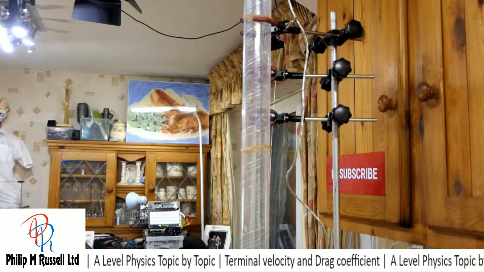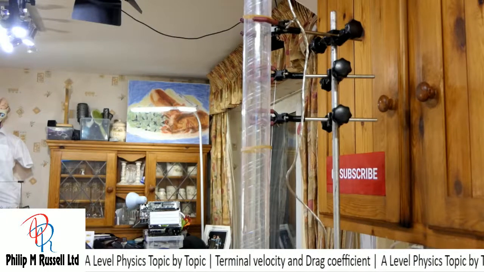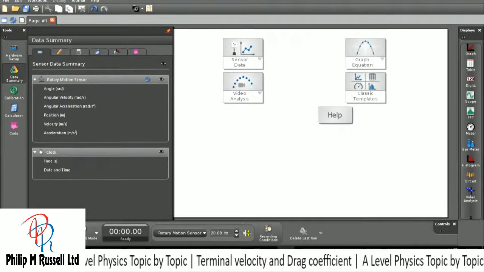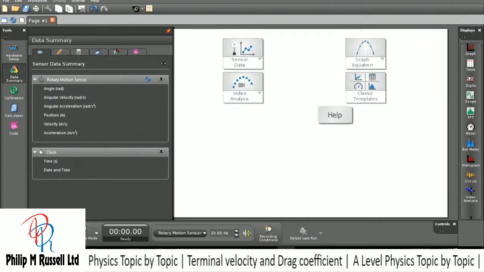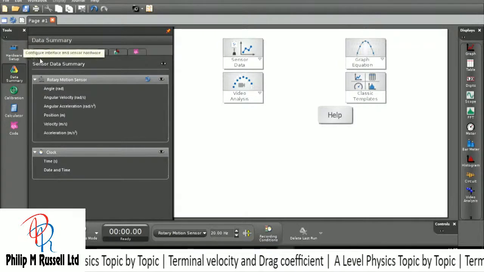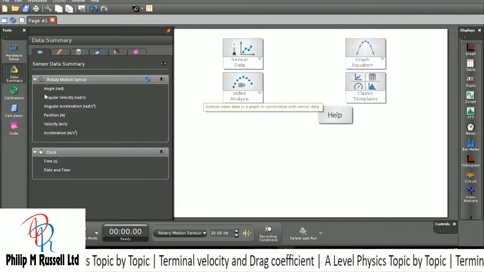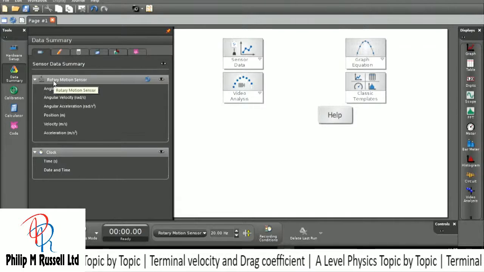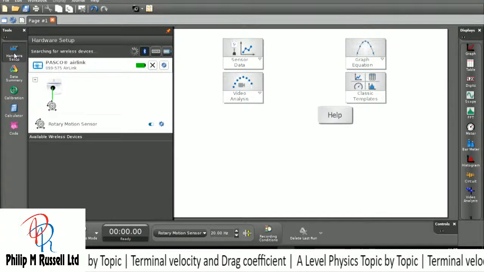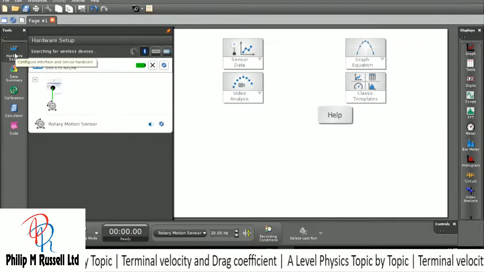I'm going to have to guess that this is number 4. Good, it's number 3. And we've got here some Pasco software. This is Capstone. So I've got my rotary motion sensor, and at the moment it's connected.